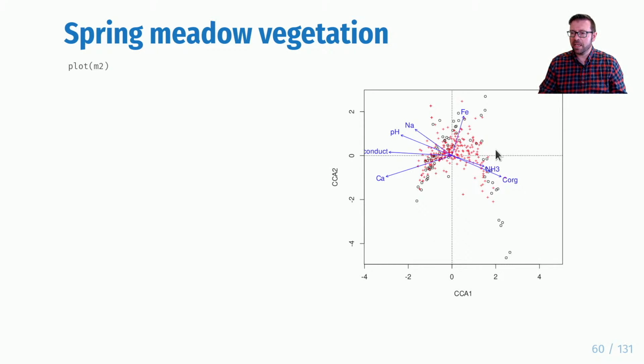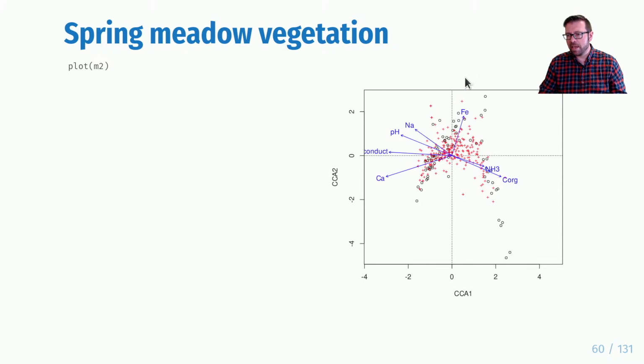And so we see here we've got ammonia and the organic content seem to be high in these sets of samples, whereas the pH and what have you and the conductivity are higher in this direction. Conductivity and calcium are increasing this way. It seems to be most important on this first axis, with the organic carbon and ammonia on the other axis.